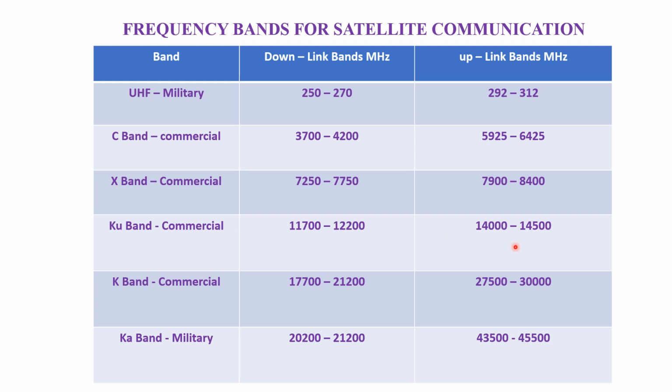K band commercial, 17,700 to 21,200 megahertz for downlink, whereas it is 27,500 to 30,000 megahertz for uplink. And Ka band military, it is 20,200 to 21,200 for downlink and 43,500 to 45,500 megahertz for uplink.